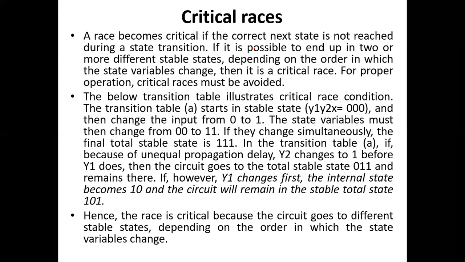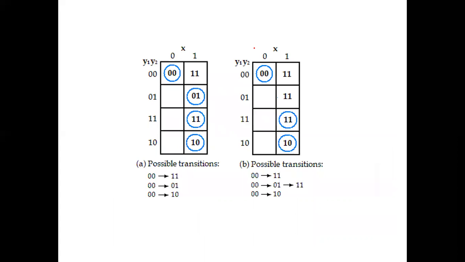In the transition table, if because of unequal propagation delay y2 changes to 1 before y1 does in the circuit, hence the race is critical, because the circuit goes to different stable states depending on the order in which the state variables change. So this is the example. The rounded states define the possible states to vary.